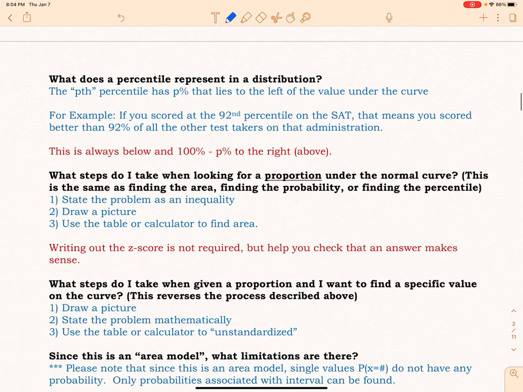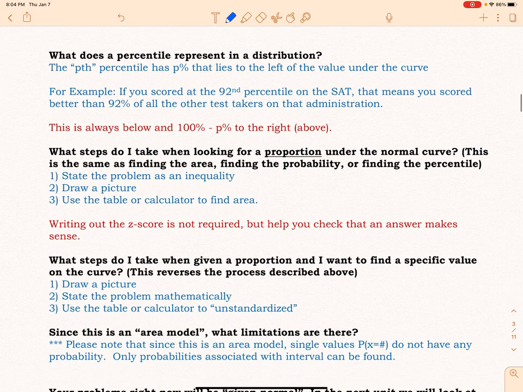All right. I know everyone has heard of a percentile. In fact, I think we've already talked about percentiles in another unit. Just keep in mind that when I ask for a certain percentile, I'm always talking about the percentage of values to the left of that. So, for example, if you scored in the 92nd percentile on the SAT, that means you scored better than 92% of people.